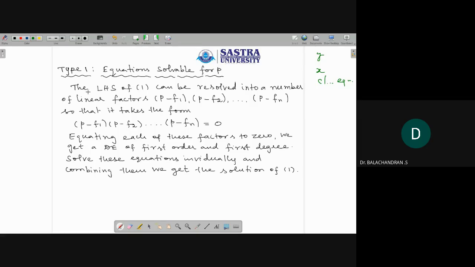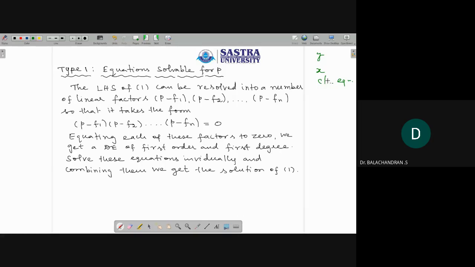After finishing all the types, if I mix all the problems and give them to you, you should know which problem can be solved by which method.